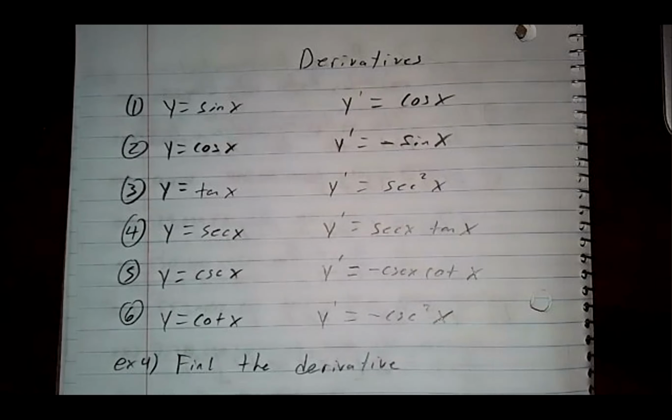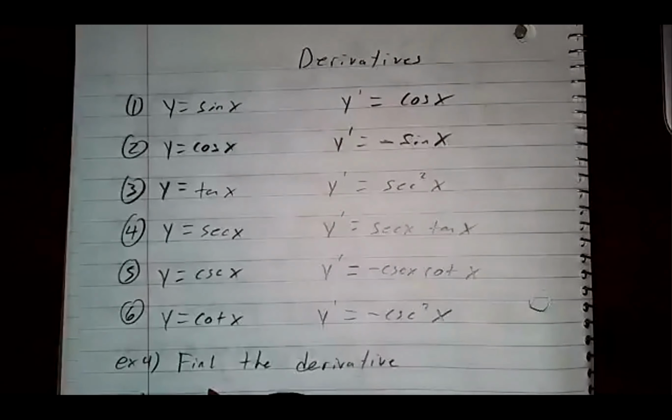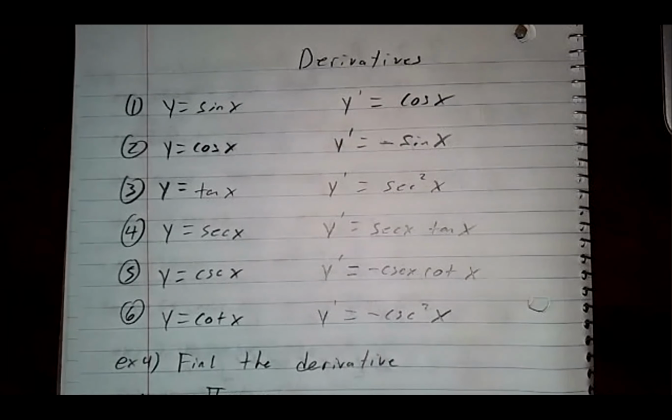All right, so let's see here. Part A would be similar to this example. Y is equal to pi over 8 sine of theta minus sine of theta.